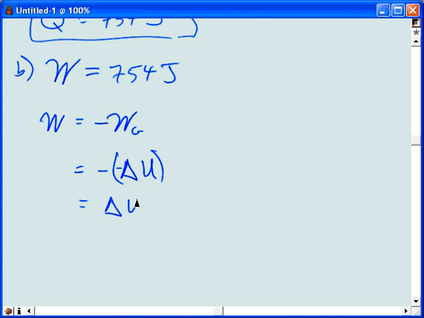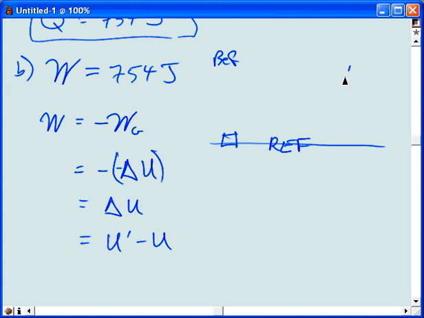In other words, it's just the change in the gravitational potential energy, which is the final value of potential energy minus the initial. So I better get a before and after picture here. I'll establish a reference level. Let's say in the before picture, my object is at the reference level. In the after picture, it's a height h above the reference level.